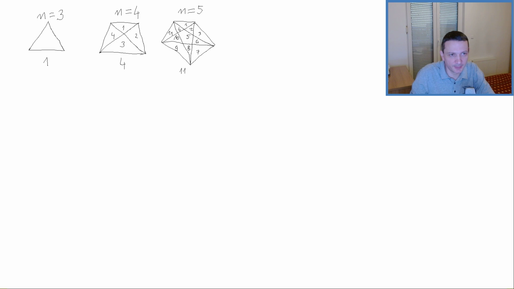So we are actually looking for a function f of n such that f of 3 is equal to 1, f of 4 is equal to 4, f of 5 is equal to 11, and so on.